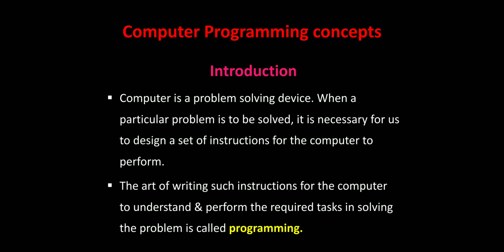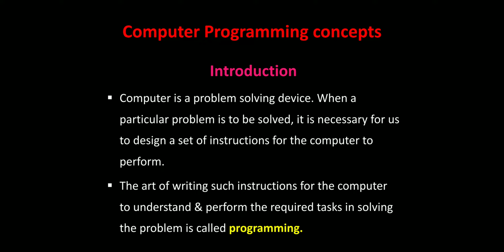As we already know, computer is a problem solving device. Computer helps us to solve some particular problem. Then how do we solve the particular problem? Whenever we give a set of instructions to the computer, from those instructions the computer can perform.